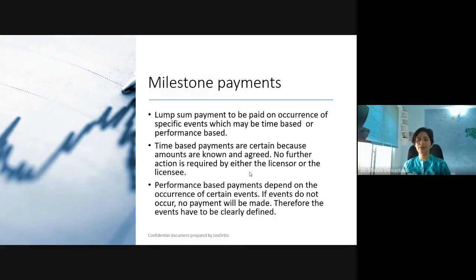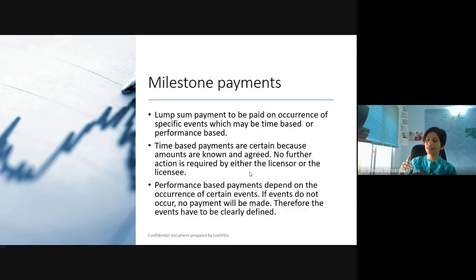So for example, there are milestones. When we are working on a business idea, there would be milestones mentioned. For example, if we are talking about technology transfer, once the license agreement is signed, the licensee starts manufacturing the technology.